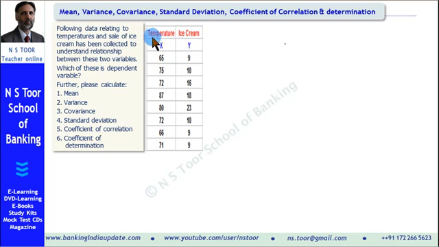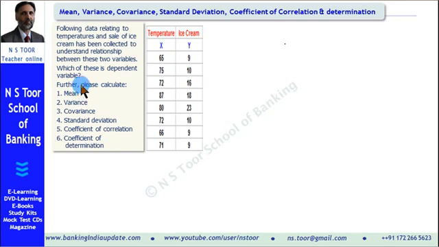And independent variable is represented by X. Ice cream is dependent upon temperature, hence this is dependent variable and this is represented by Y. When temperature is 68, the ice cream sale is 9. When temperature rises, the ice cream sale increases, and so on. And we have to find out the relationship in the following forms.